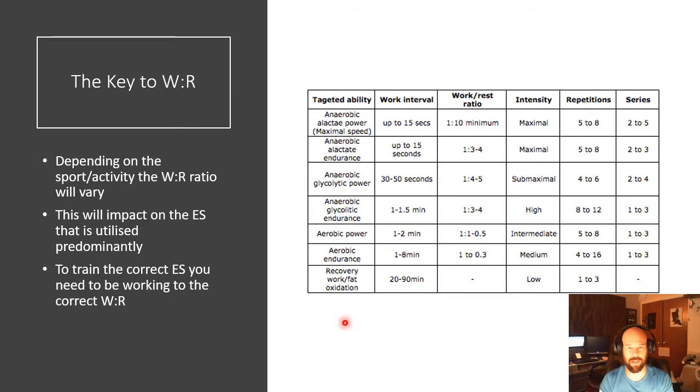So if you were given a case study for a sprinter, a 100-meter sprinter, then you would be suggesting that this one here would be key to your design of the training program. Whereas if you were looking at someone who's trying to develop aerobic endurance, then it would be down here. Okay, so this is a rough indication. Again, not in your textbook.